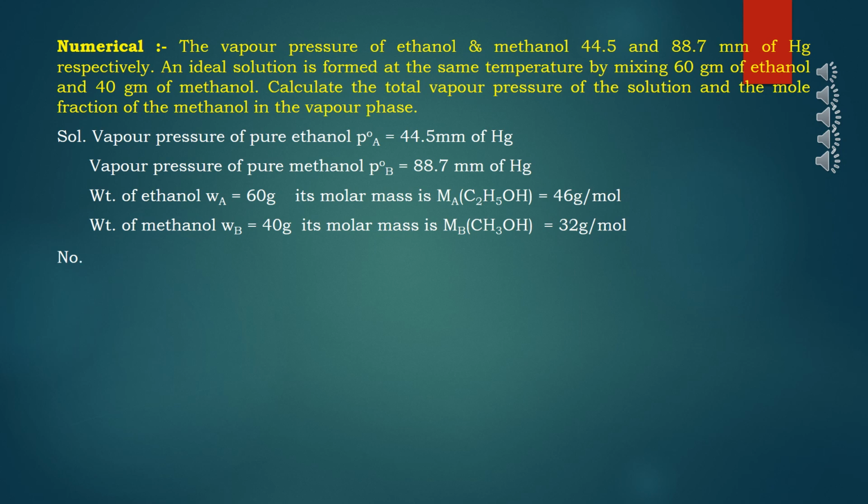So the number of moles of ethanol Na is equal to weight of ethanol divided by molecular weight, 60 divided by 46, that comes out to be 1.304. And the number of moles of methanol Nb, that is equal to Wb upon Mb, is equal to 40 divided by 32. It comes out to be 1.250.